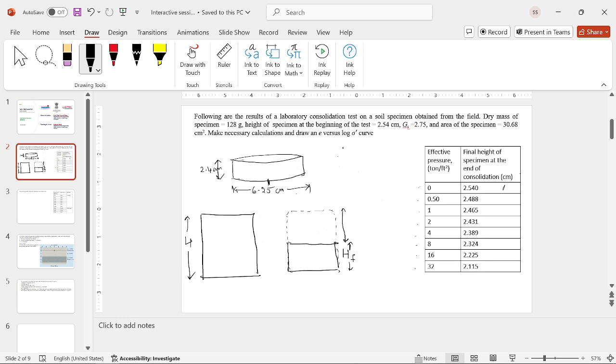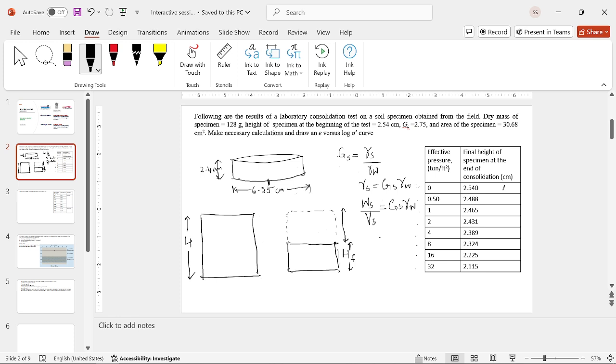So you know that GS is equivalent to gamma S over gamma W, and gamma S is equivalent to GS gamma W, and we know that gamma S is weight of solids over volume of solids.